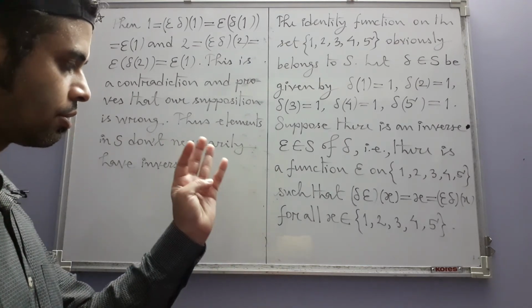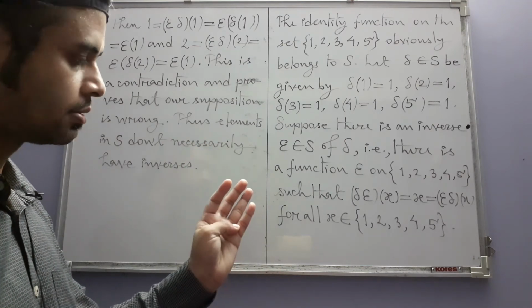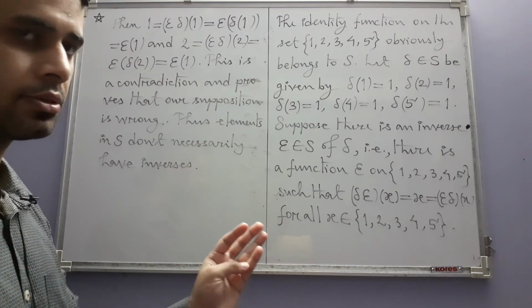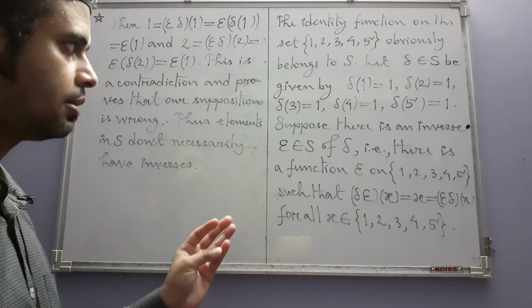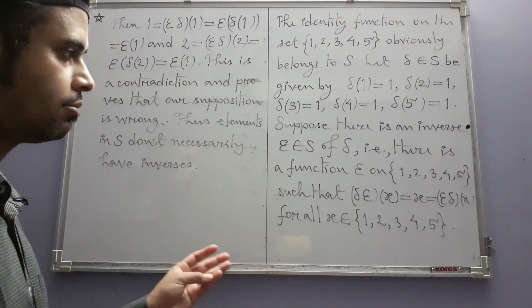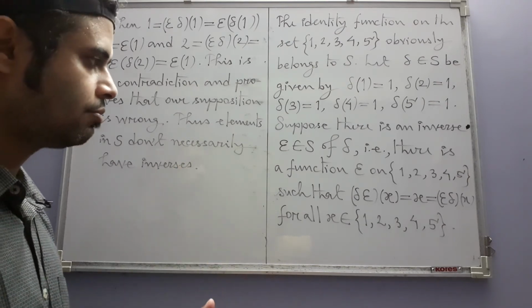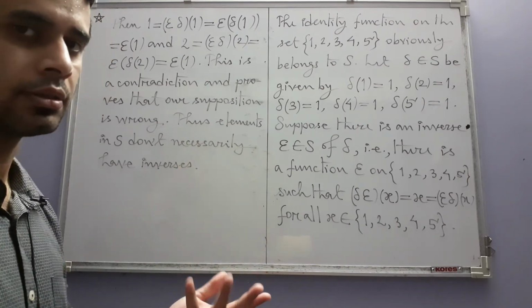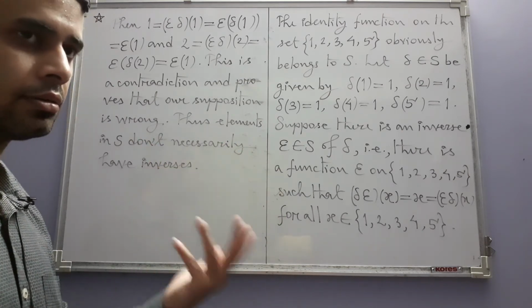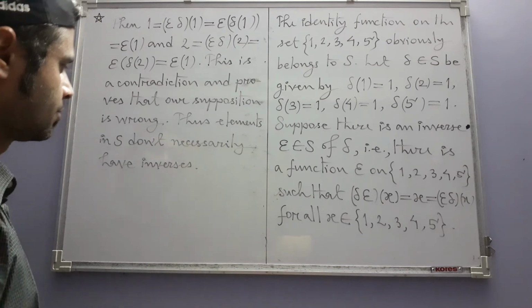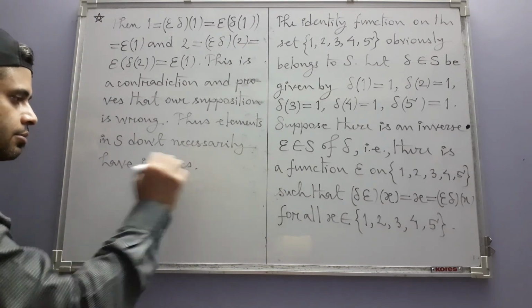So S is closed under composition of mappings. Composition of mappings is associative in general, so that is true in S. The identity map is in S. However, when we come to inverses, there is no guarantee that if you pick one element from S, there will be an inverse. So that's where it fails.